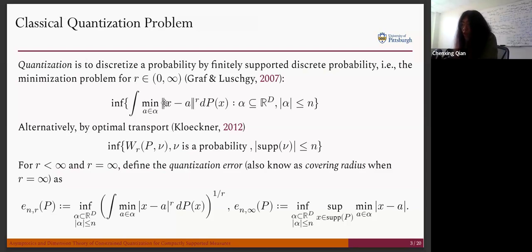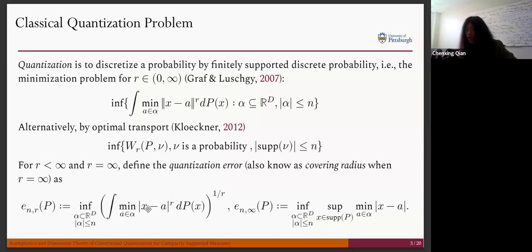We are minimizing the LP distance from a finitely supported measure to a probability measure P. There is an alternative definition using the Wasserstein distance in terms of optimal transport. The minimizer of this problem is a set with cardinality less than n, so a finite set. In the classical setting, we can define the quantization error in this way.